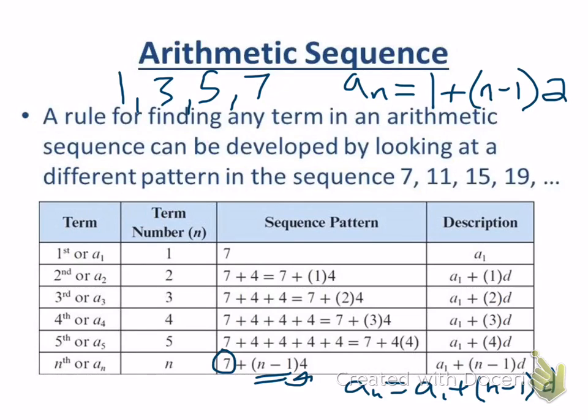So we could find the 150th term in that sequence. The 150th odd integer is 1 plus 149 times 2. Okay? So that's how this thing works.